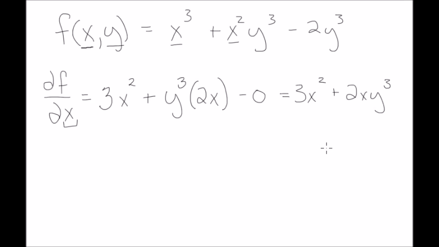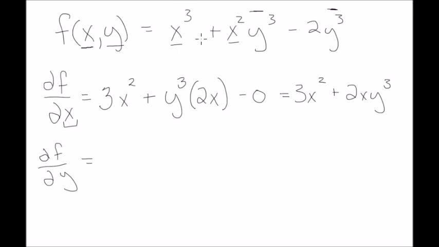However, I'm not done taking all of the derivatives because this function is also a function in terms of y. So I'm going to take now the derivative with respect to y. And the process here is exactly the same as what I did before, except now with respect to y instead of with respect to x. So now I'm going to treat the x terms like constants.